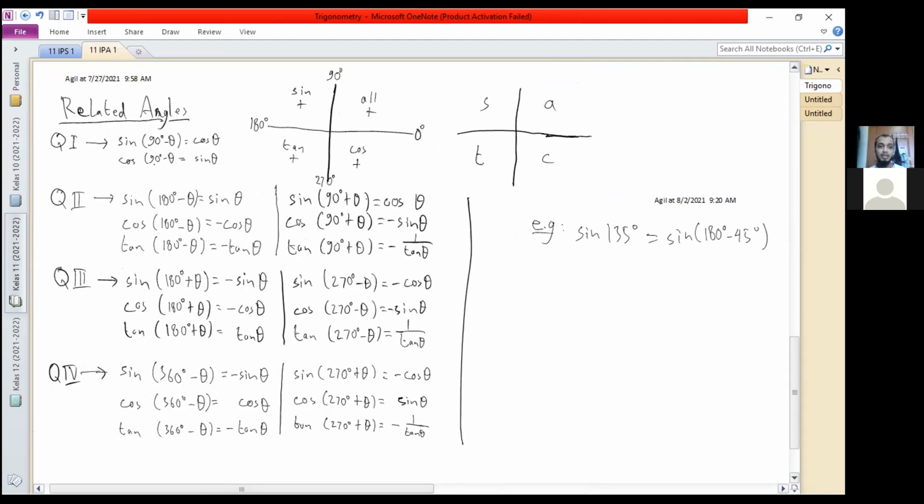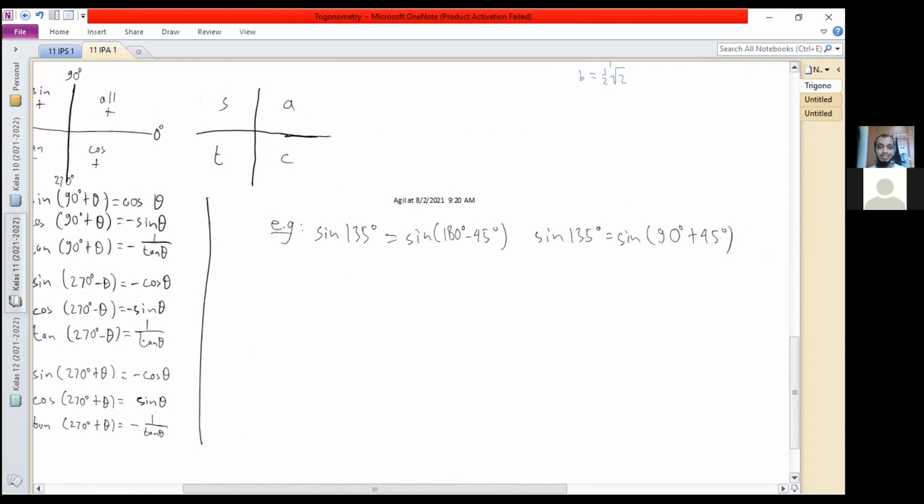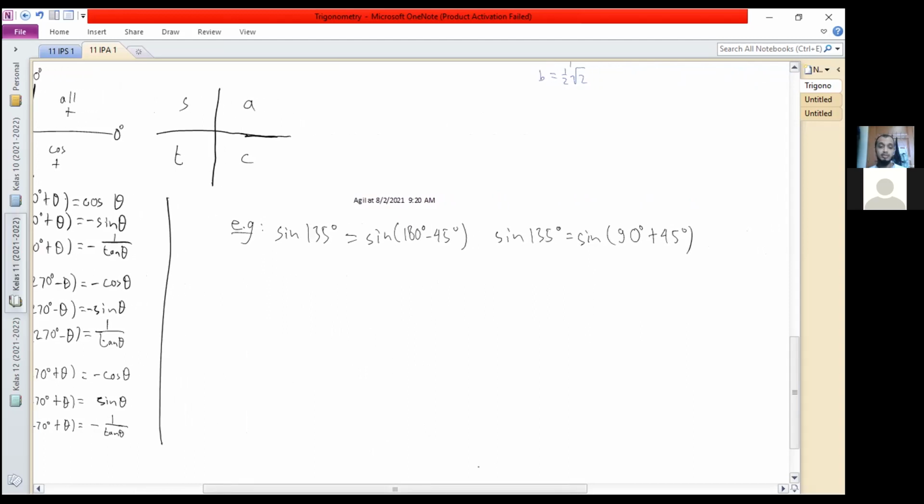You can either use these formulas, or you can remember first by checking the quadrants, as a reference.